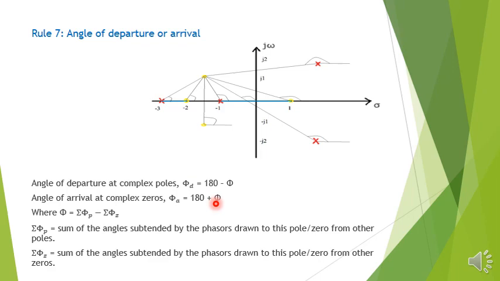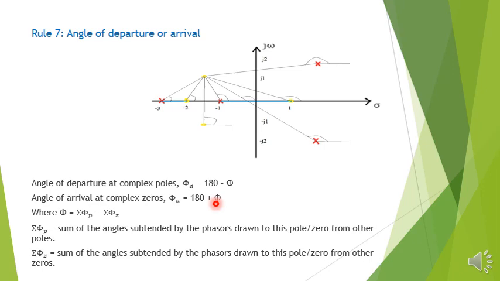To construct a root locus, we should follow these 7 rules. Summarizing, first, the root locus is symmetric about the real axis. Second tells about the number of branches, starting points and terminating points. Rule number 3 says which part of the real axis is part of the root locus.